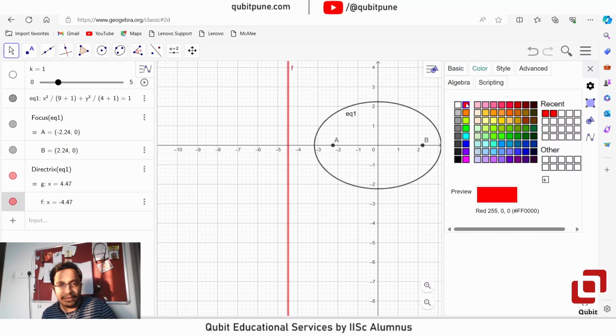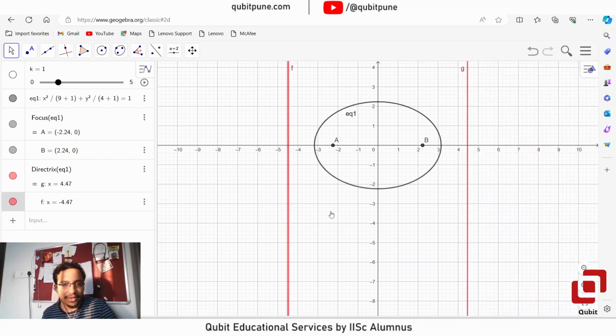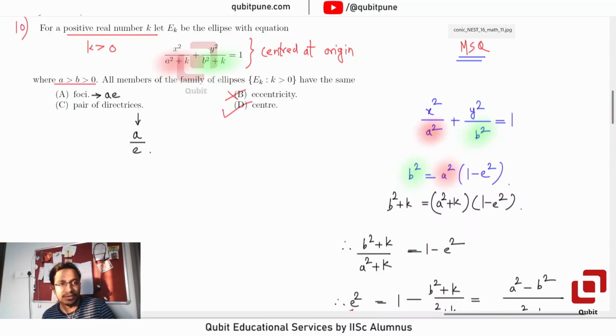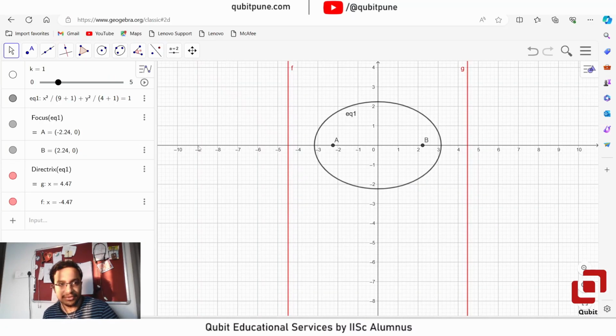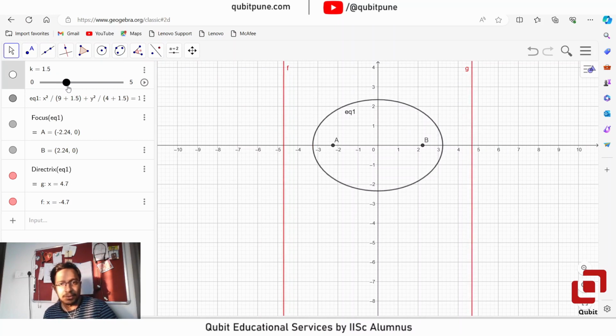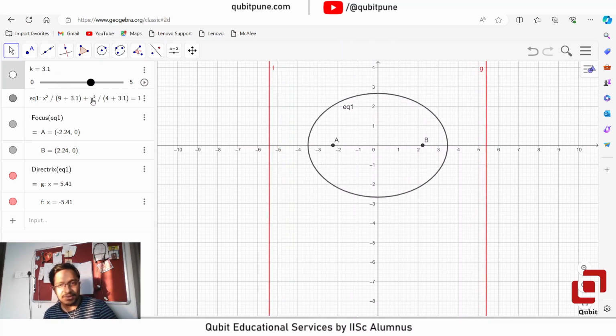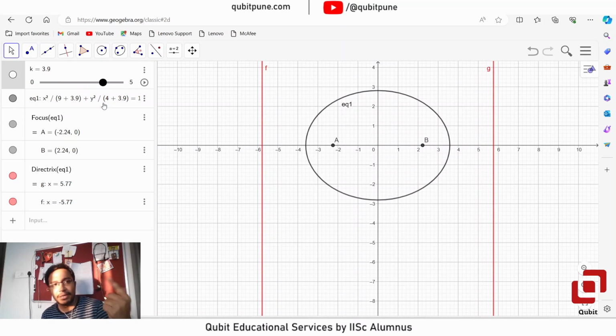Now what are we expecting? We are expecting that if the value of k changes, points A and B don't move as per our conclusion, but the directrices will definitely move. Otherwise option C will also be right, but our conclusion says it's not so. Let's check that. Now see, the ellipse is changing as the value of k increases.